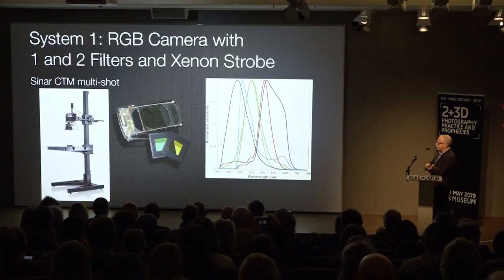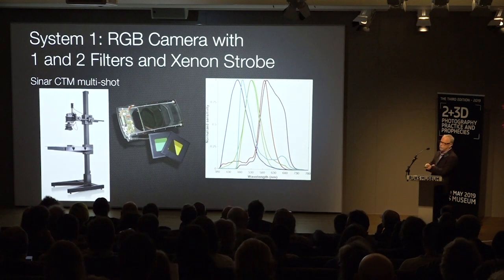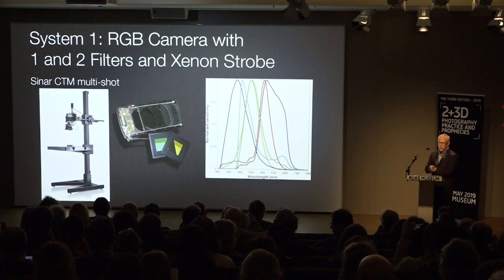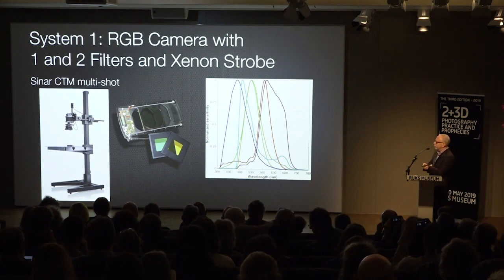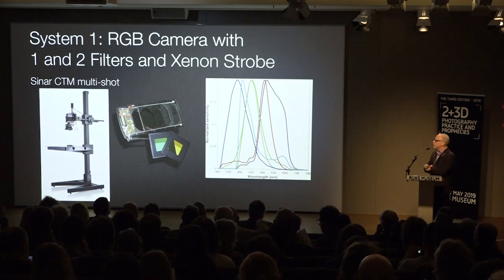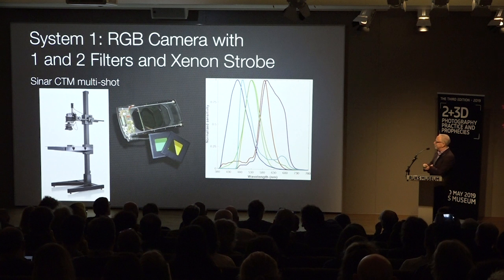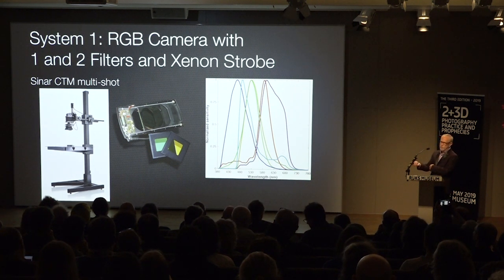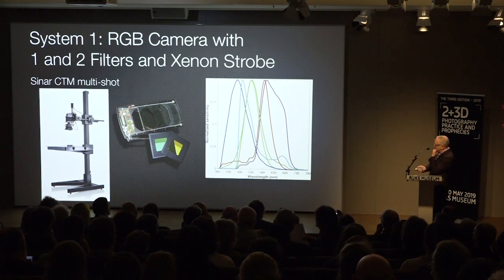Okay, so the first system is the CNAR CTM, which stands for color to match, which I remember going, you're calling it what? But I do remember CTM, so I guess it works. And I'm going to evaluate this 2 ways. First as an RGB camera, and second as a multispectral camera.